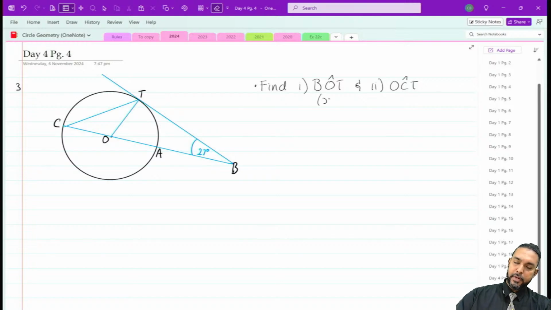All right, we call this one X. Call this one Y. So I'll give you guys a few minutes to sort that out. All right, so drawing a diagram, identify where the angles are that they want you to find.